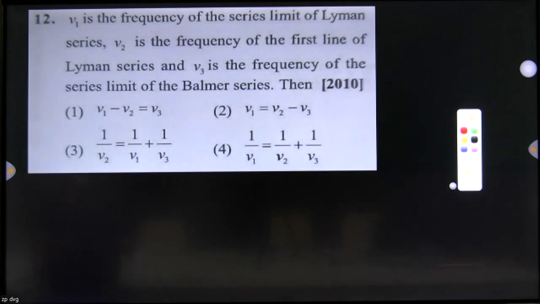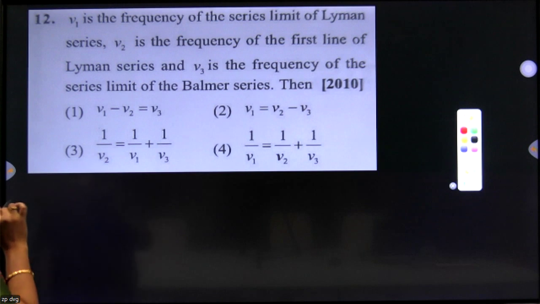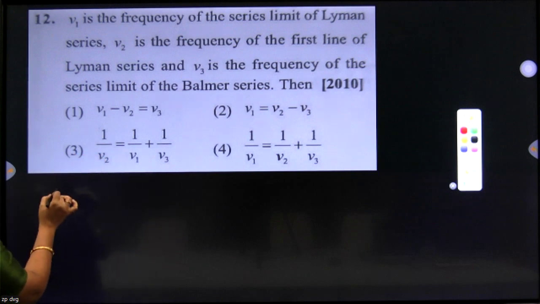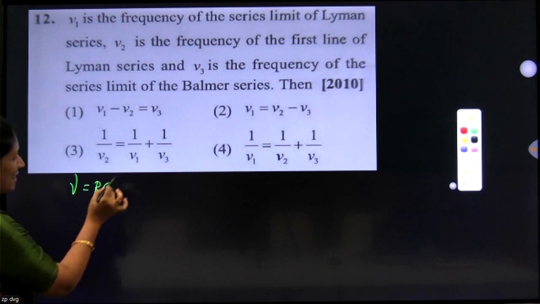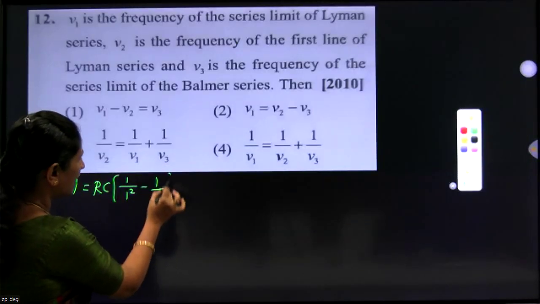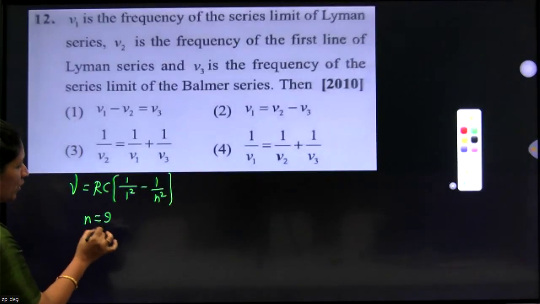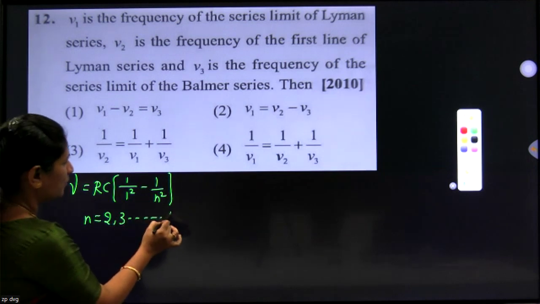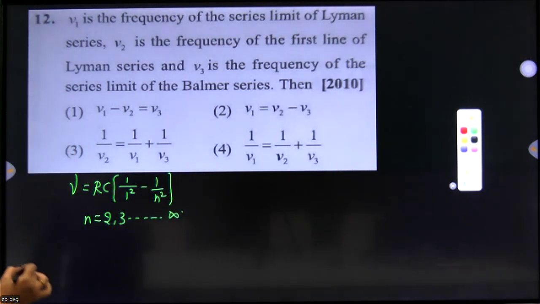Here they are given nu1 is the frequency of the series limit of Lyman series, nu2 is the frequency of the first line of Lyman series, and nu3 is the frequency of the series limit of Balmer series. Then which relation is correct? We know that the Lyman series frequency is equal to RC into (1 by 1 square minus 1 by n square), where n is equal to 2, 3 up to infinity.